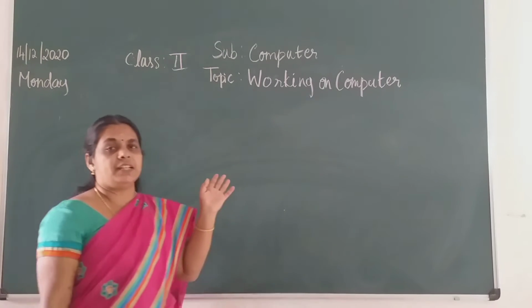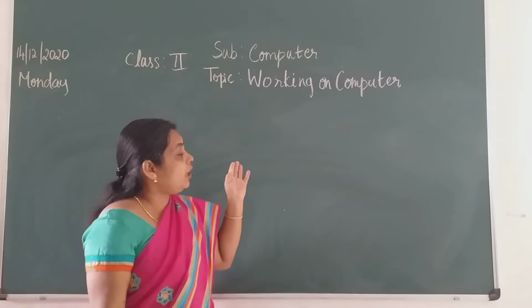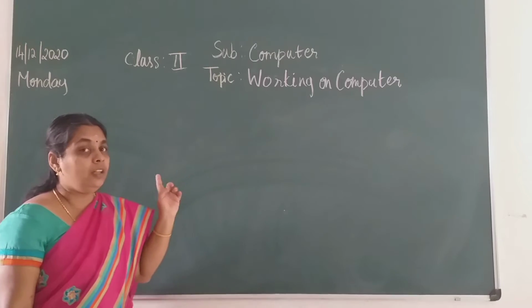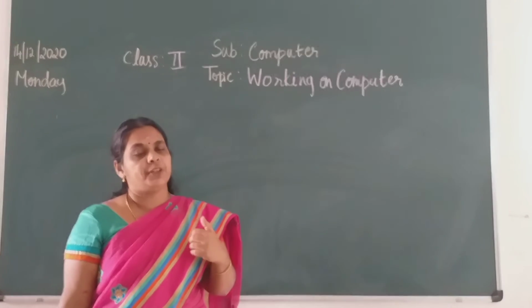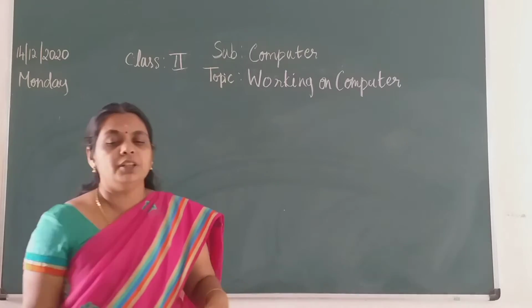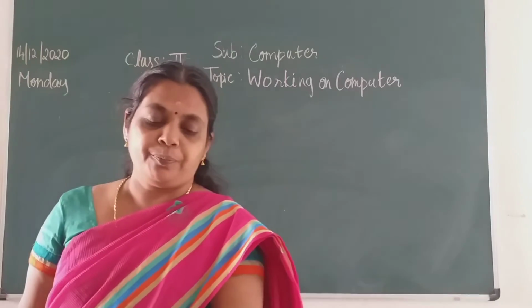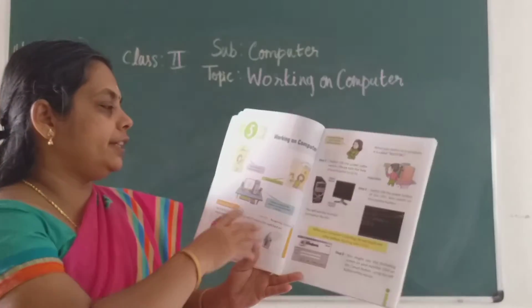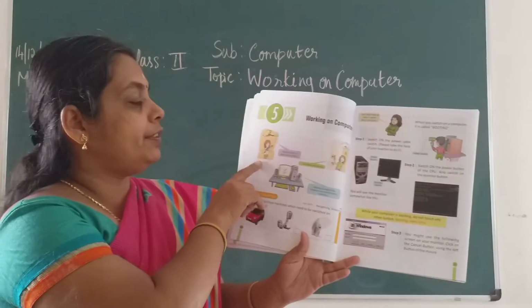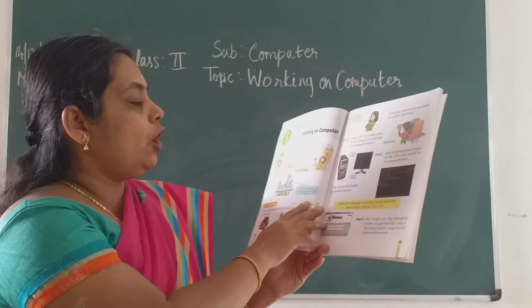So the lesson we started in the last class. Our topic is working on computer. How you can start and shut down, you are going to learn, children. See children, as given in the picture, it's feeling very hot for them.